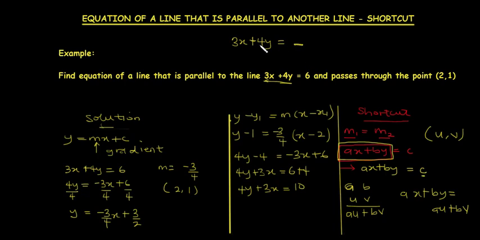We put the coefficients, we have 3 and 4 together with the point (2, 1). We multiply. We have 6 plus 4, and that is equal to 10. So therefore, our new equation will be 3x plus 4y, which is equal to 10. And this is exactly as we find here.